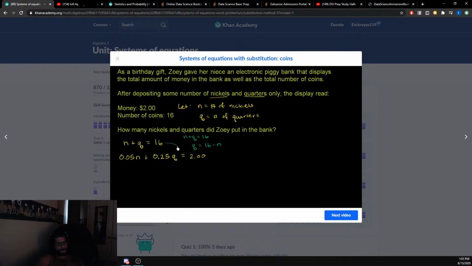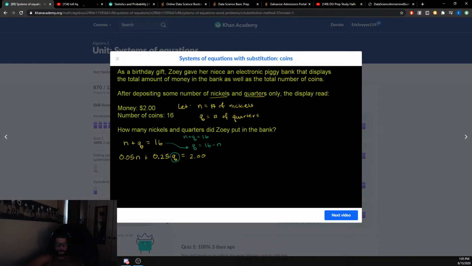All I did is rewrite this first constraint. Since this first constraint is telling us that q, the number of quarters, must be 16 minus the number of nickels, in the second constraint, every place that we see a q, we can replace it with 16 minus n.